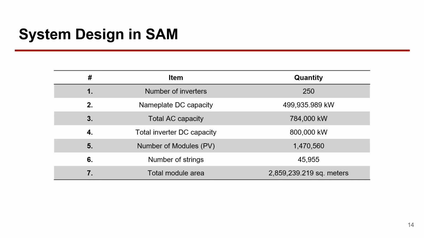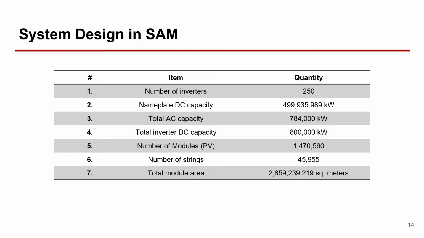Here in this table, we summarize the system design we did in SAM software, where the number of inverters we used was 250 and the nameplate DC capacity was 499,935.989 kilowatt, and the total AC capacity was 784,000 kilowatt, and the total inverter DC capacity was 800,000 kilowatt.